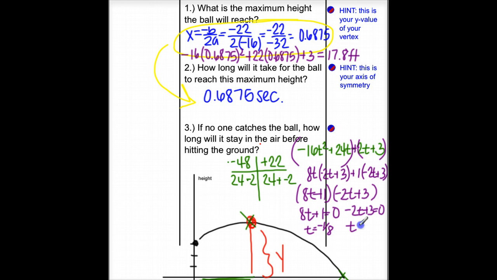I get t equals 1.5. And so I look at this, -1/8 is going to be in my graph back here. I'm looking for this one, which would be 1.5 seconds as far as how long it would take for that ball to hit the ground.